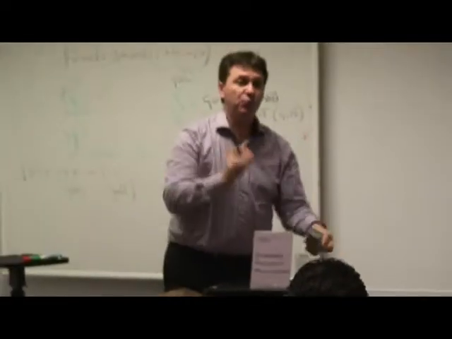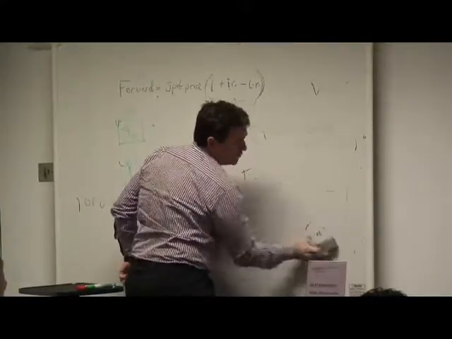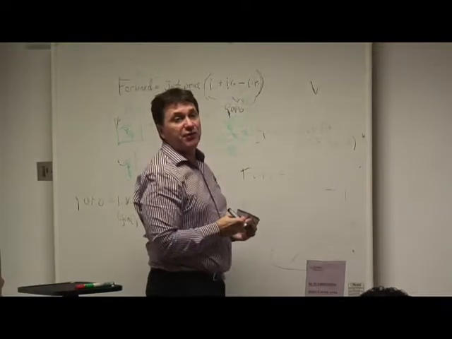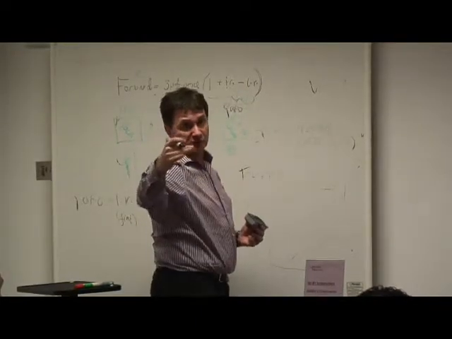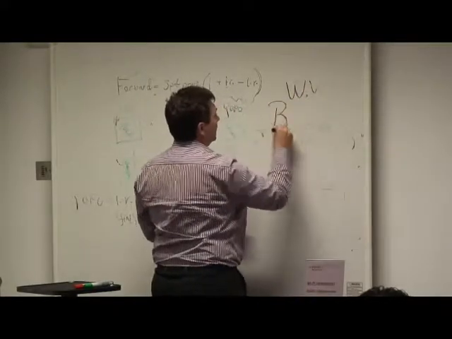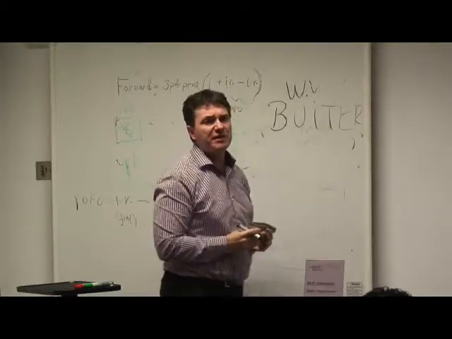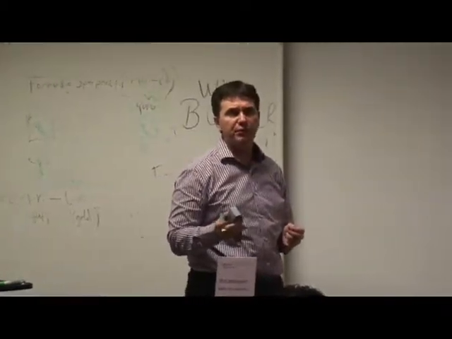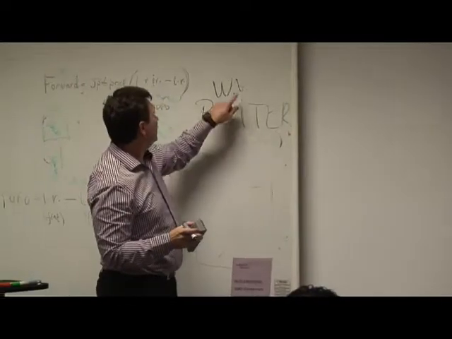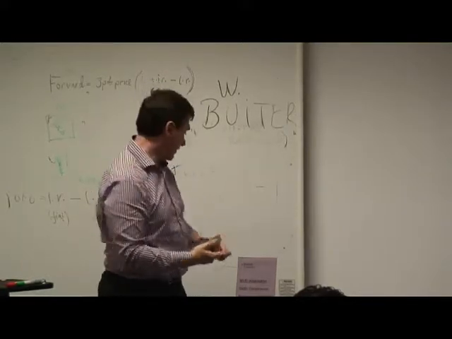There is a paper by a man called William Buiter, and he has written a specific paper on how to overcome the zero lower bound, which means negative interest rates on fiat. You can look it up, NBER paper, National Bureau of Economic Research: W. Buiter, three ways to overcome the zero lower bound.